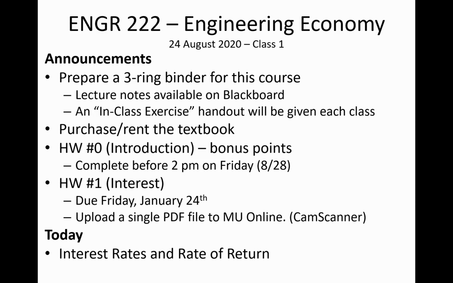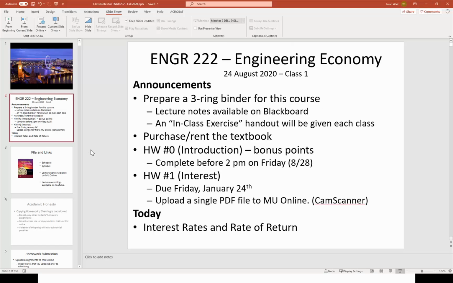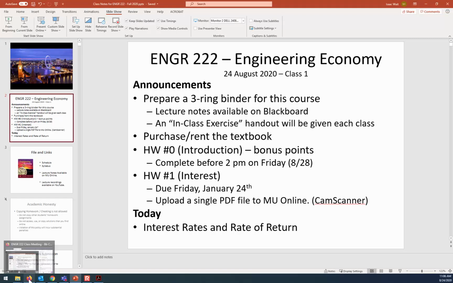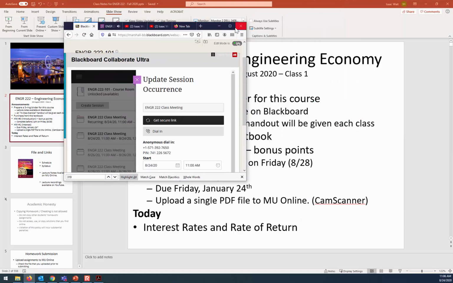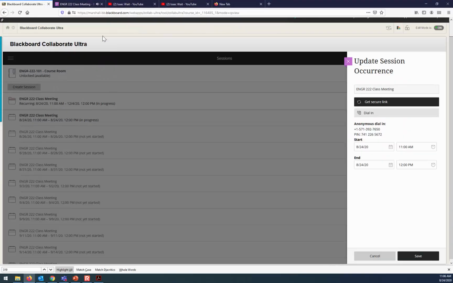Unfortunately, we can't have face-to-face classes and in-person office hours, and so we're going to have to learn these new tools. And to give you an incentive to figure out how to place a Teams call to me, Microsoft Teams, Homework 0 is due by 2 p.m. on Friday.